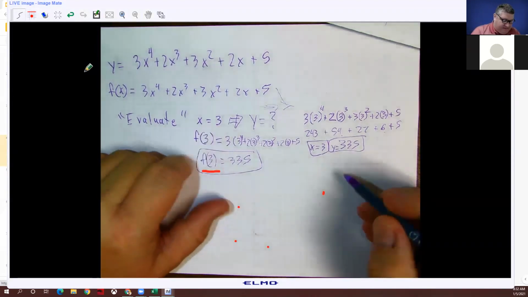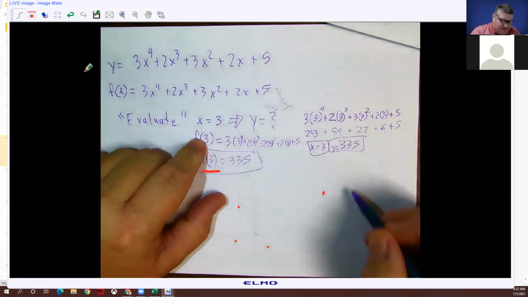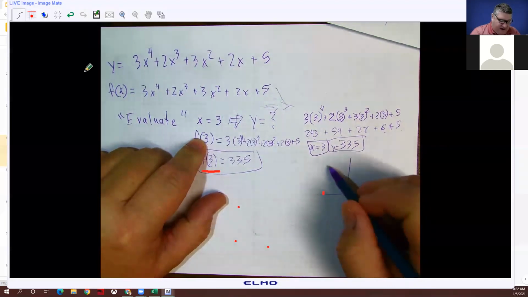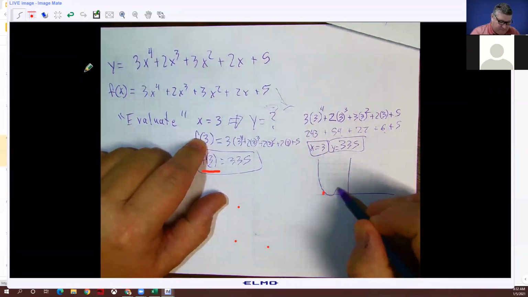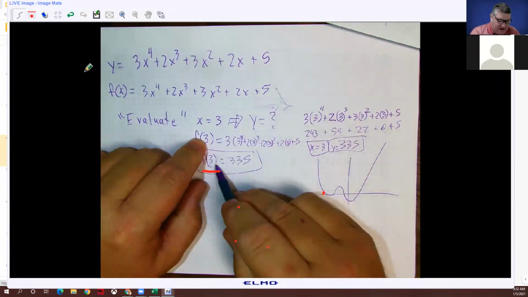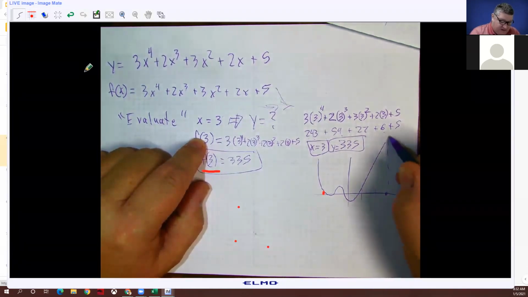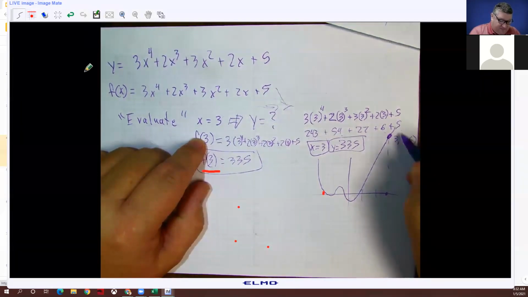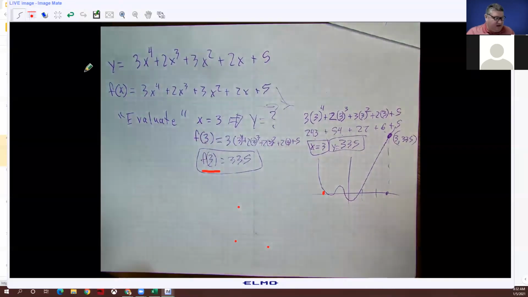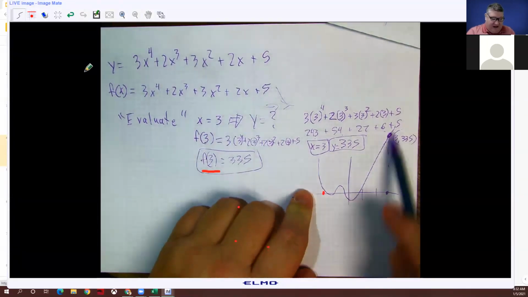All that means is if I have some sort of graph and I want to know what it is at 3, it's going to be way up here, 3, 335. That's what it means. So I can look at a polynomial as a graph.